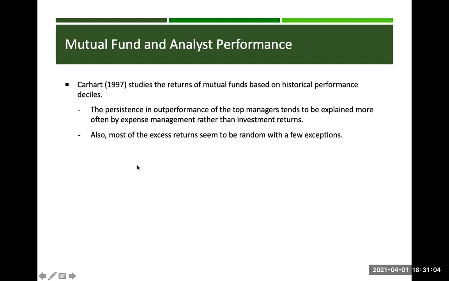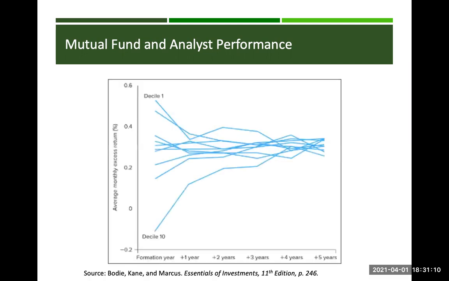Also, most of the excess returns seem to be pretty random, with the exception of the top 10% and the bottom 10%. But if you look at these, even the top 10% after a few years, it looks like they end up just being average as well. And this is average monthly excess return. I don't know if that's excess return over the risk-free rate or not.